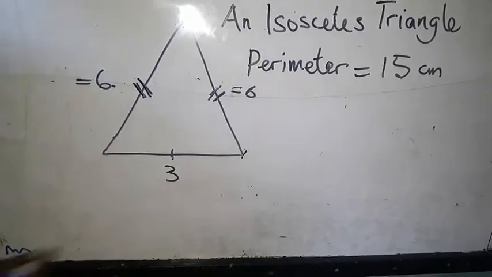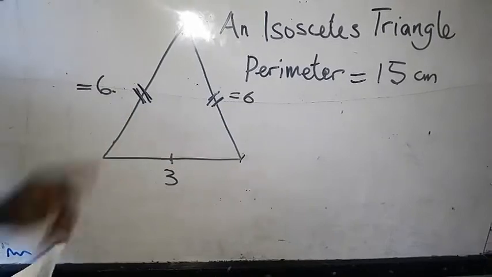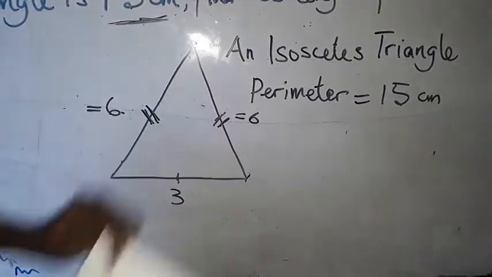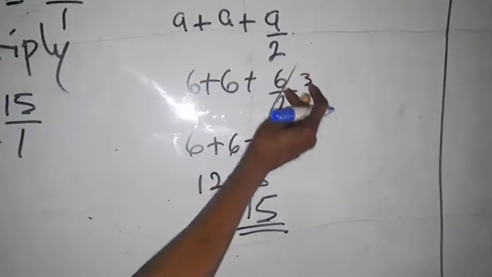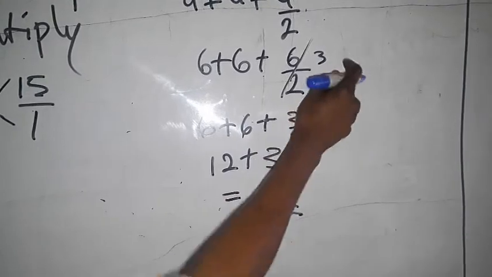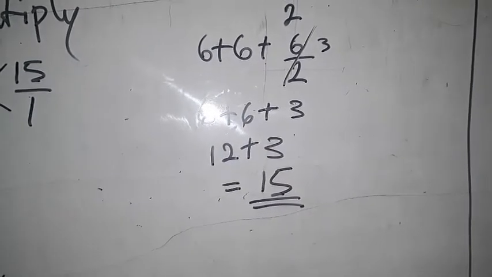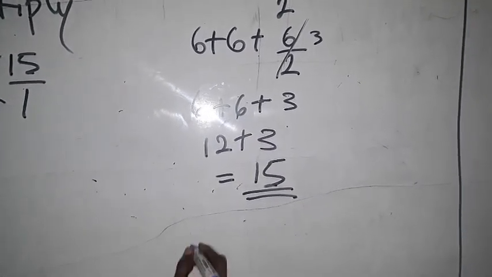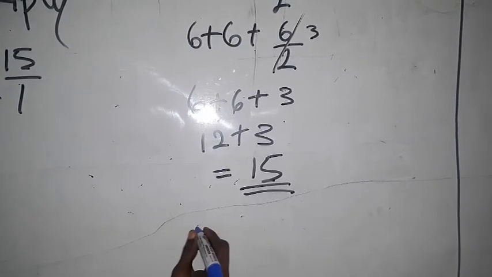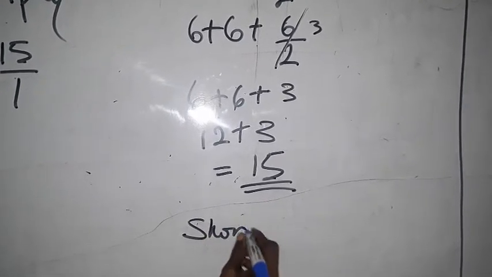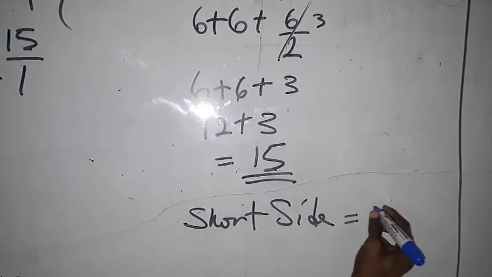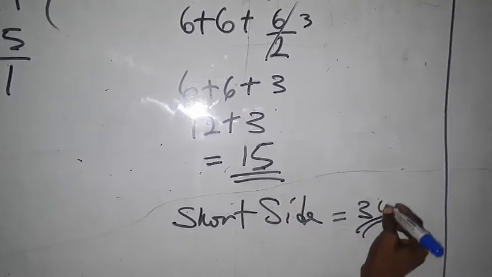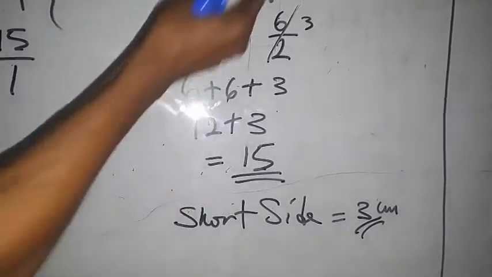It is 3, because it's a half. Don't forget, half. We found it by dividing this side by 2 to have that 3. So the length of the short side is 3 cm.